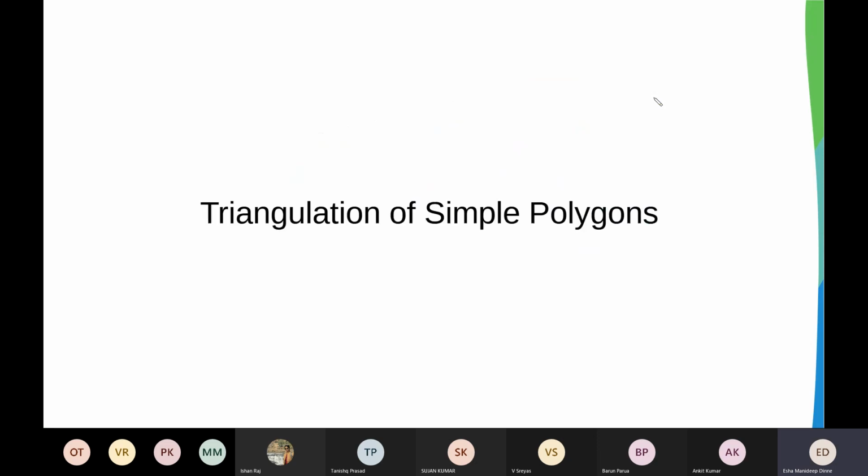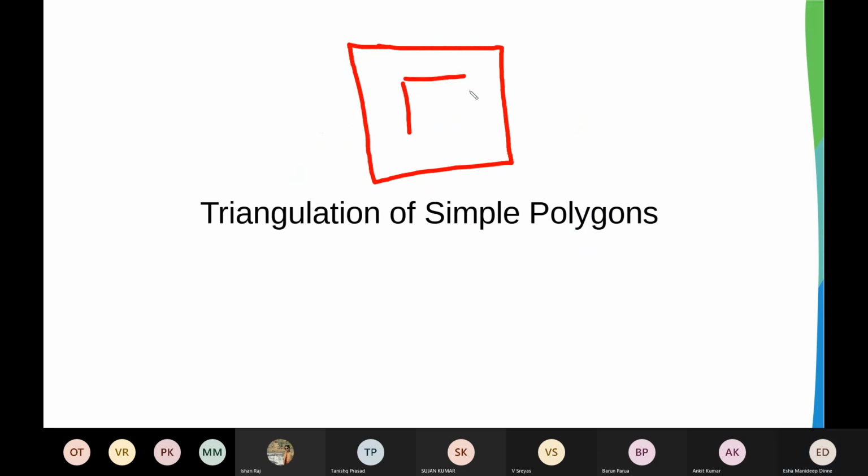Another thing, a simple polygon is a polygon which does not intersect itself and doesn't have any holes. So what is a hole? Let's say this is a polygon, and this is an example of a polygon with holes, something like this.